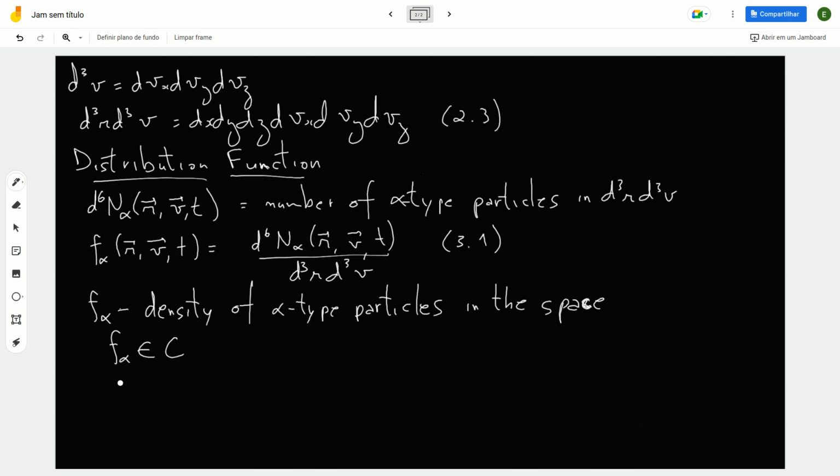Well, this is basically how gases behave. So we'll have f going to 0 as v goes to infinity. I have a very small number of particles with very large velocity, and it goes to 0 if velocity goes to infinity.